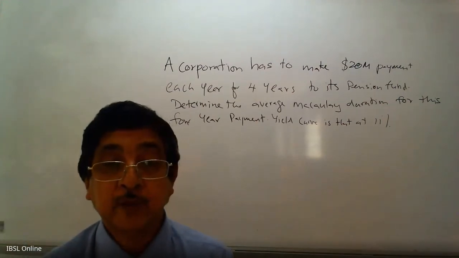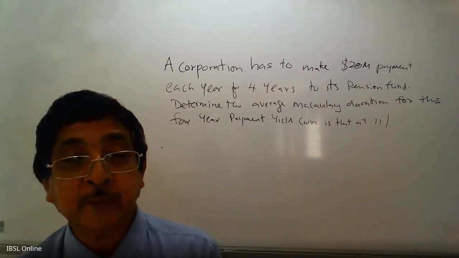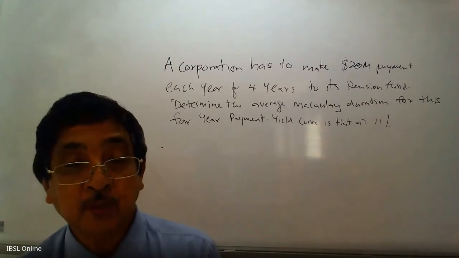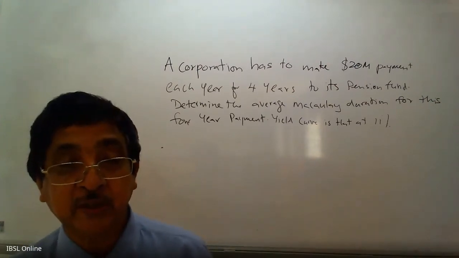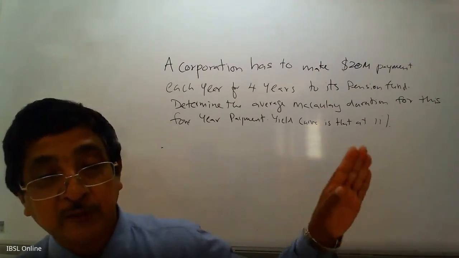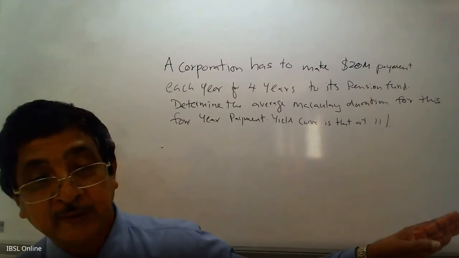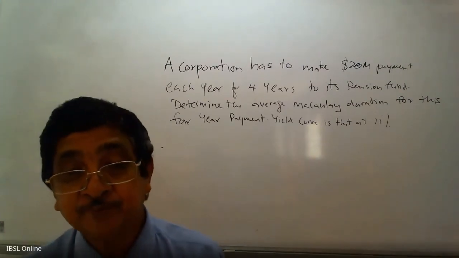Now I think you will work with me on this. First of all, you need to have a worksheet. There's a time column, where you get 1, 2, 3, 4. Then you have the cash flow column, then the present value column, then the weight column. So just come up with that.